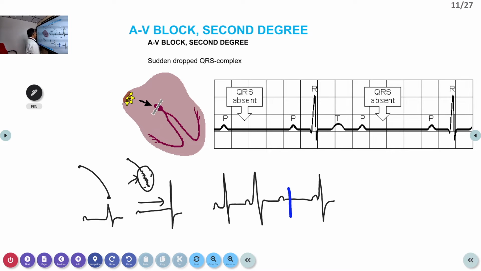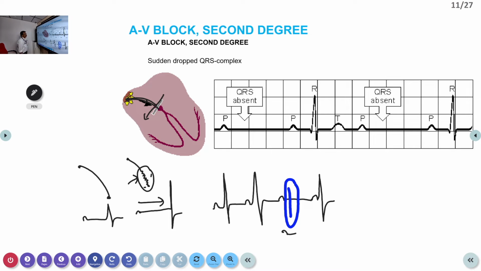Suddenly during conduction there is a block, and that electrical current alone is not transmitted to the ventricle, so you are not getting the ventricular activity, the QRS complex. P wave is there, but there is no QRS complex. That is second degree heart block.